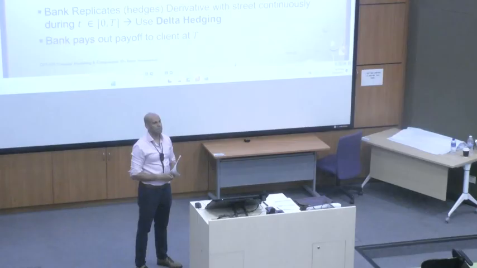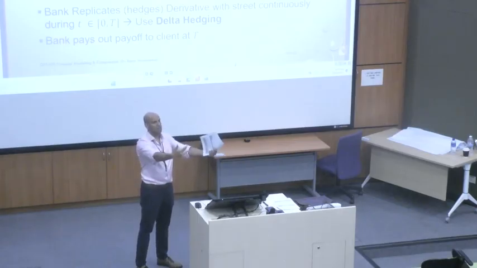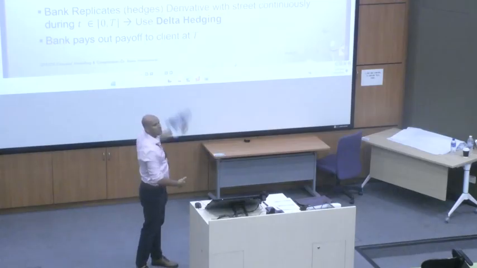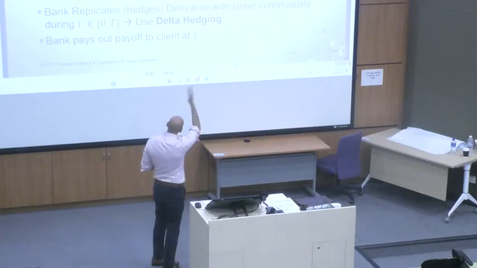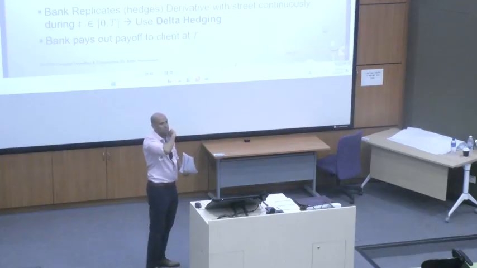Okay? The bank has sold the option. You're now on the hook to make the payoff, whatever it is. It might be zero, right? But you can't sit on the $10. If you sit on the $10, you're opening yourself up to the possibility that things change. Okay?